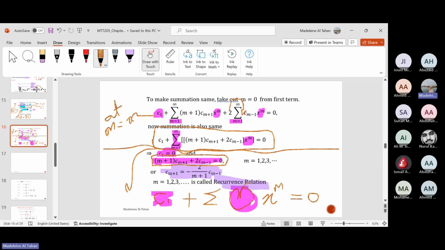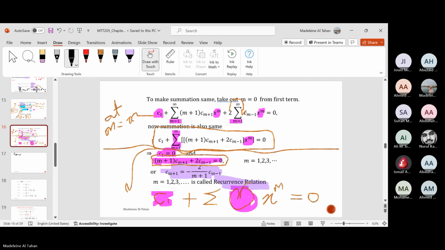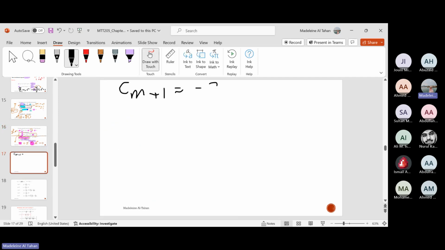So bring c m minus 1 to the other side. What will you get? Oh, okay, I get it. So the recurrence relation that we got is c m plus 1 is equal to minus 2 over m plus 1 c m minus 1, right, miss? And also, what did we get? We got c1 equal to 0.